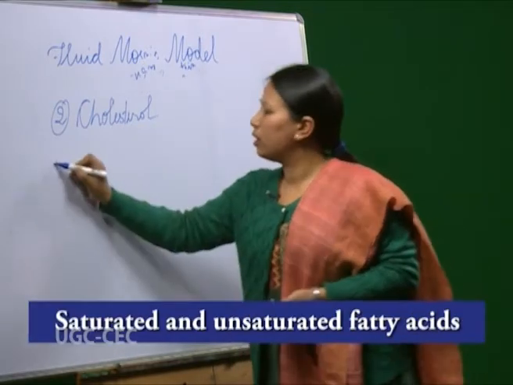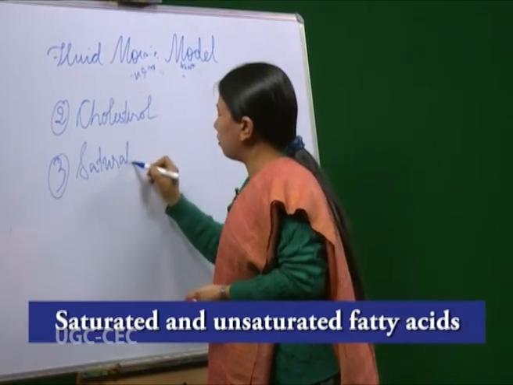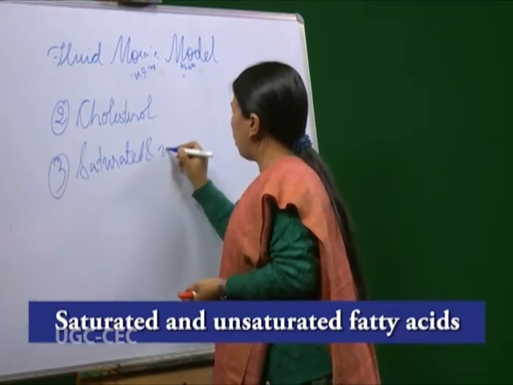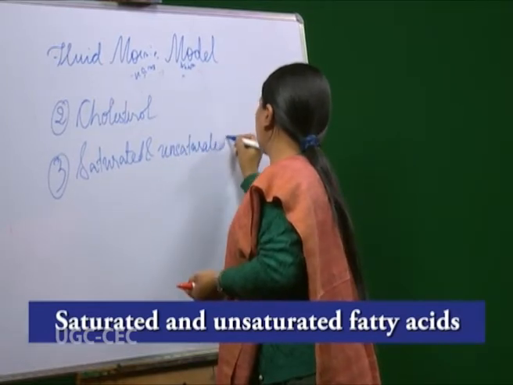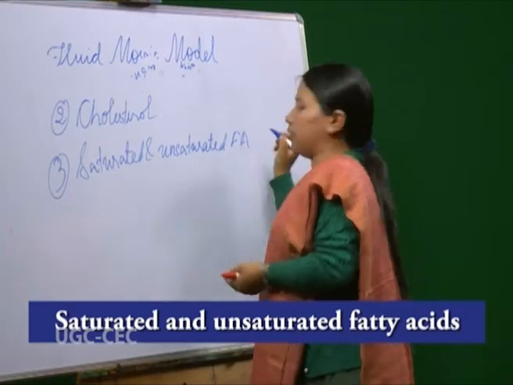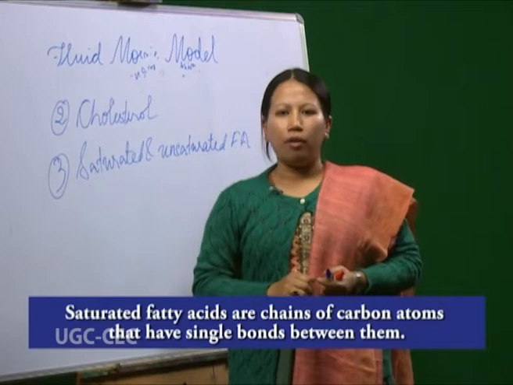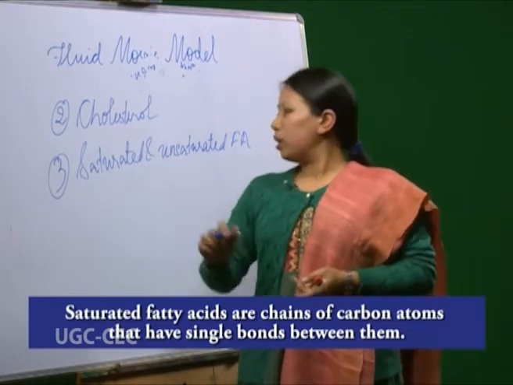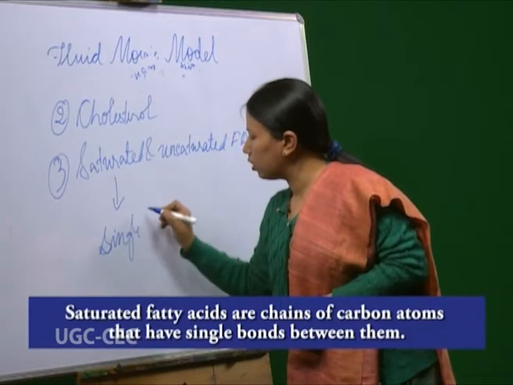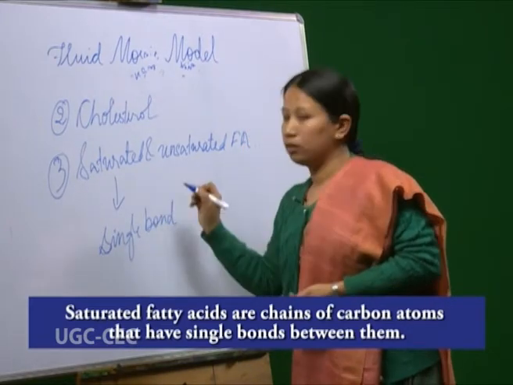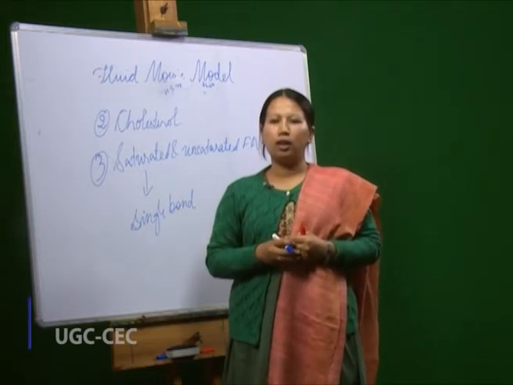Next is the saturated and unsaturated fatty acids. Saturated fatty acids are chains of carbon that have single bonds. This makes them straight and easy to pack tightly.